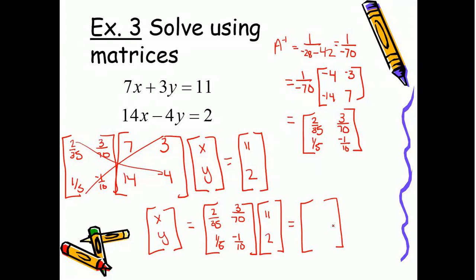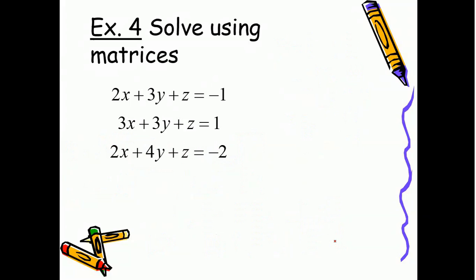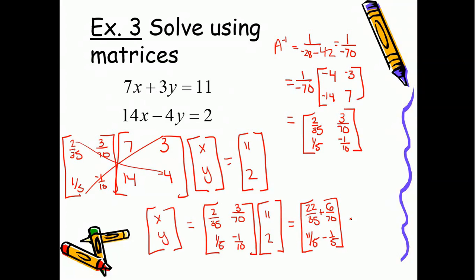Looks like we're going to get another 2 by 1. So I'm going to get 22 35ths plus 6 70ths. Right? And then 1/5 times 11 is 11/5, and -1/5. Alright, let's simplify.